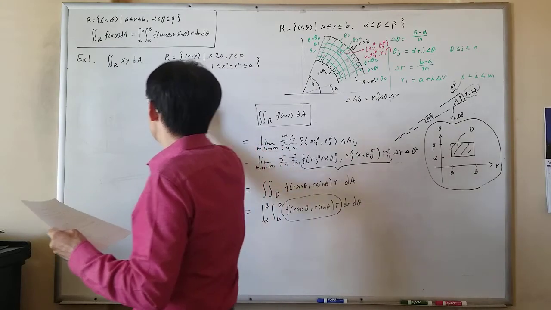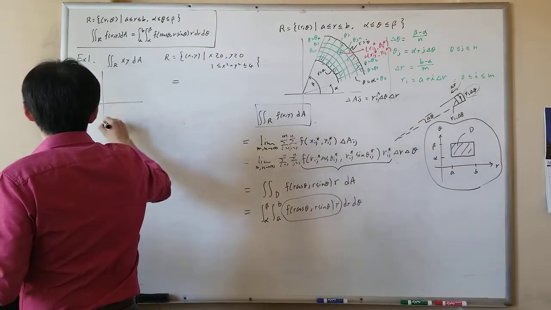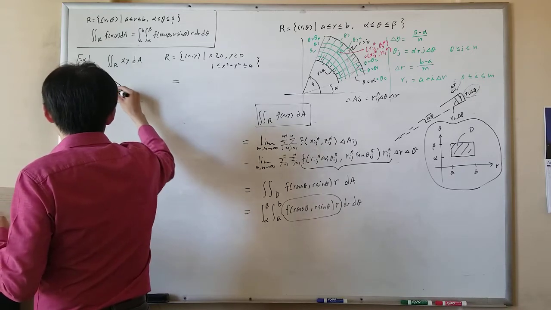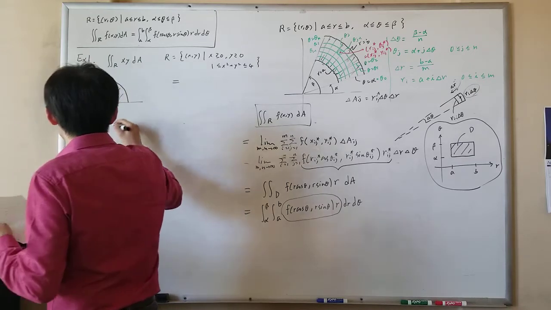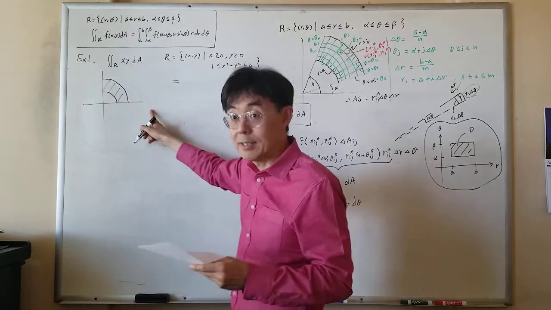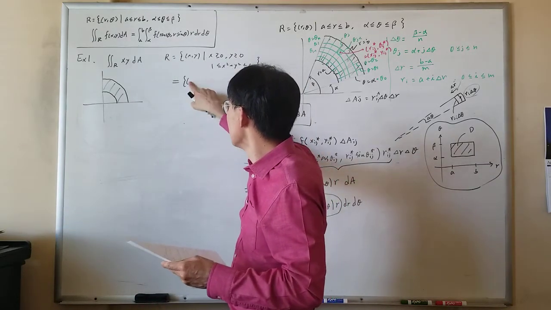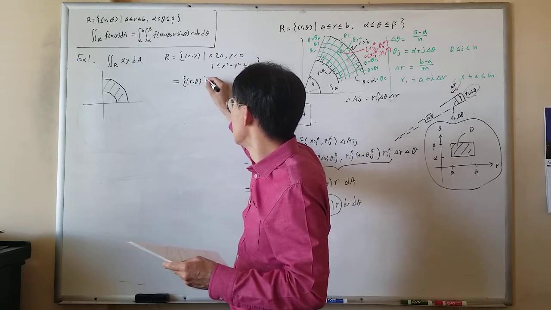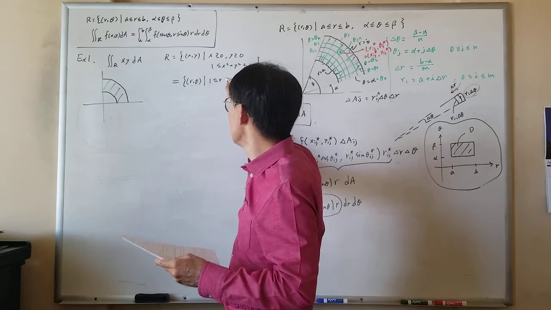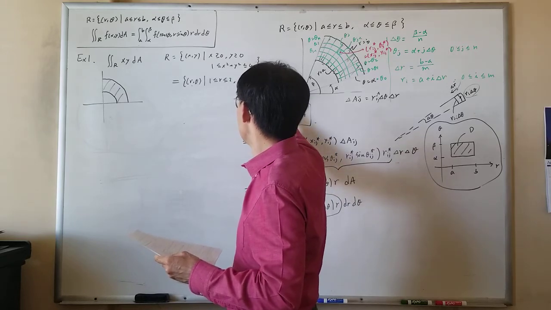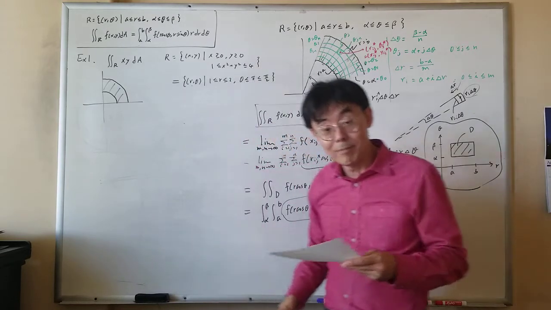So the region is between 1 and 2. This is the region. That is a nice polar rectangle, right? R theta. R is between 1 and 2. Theta is between 0 to pi over 2, isn't it? Right?